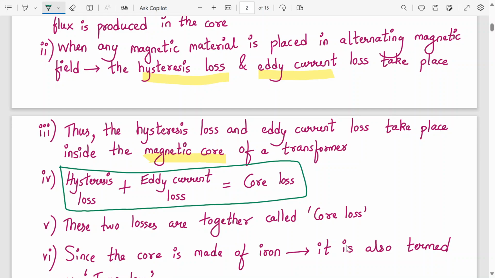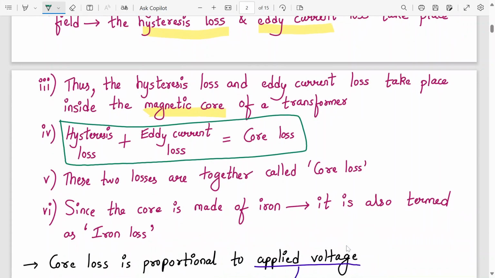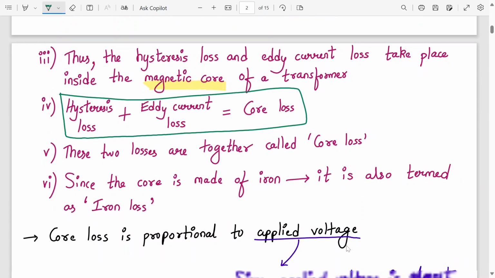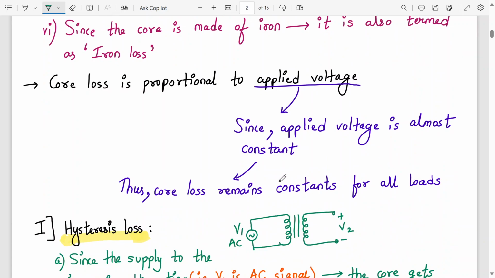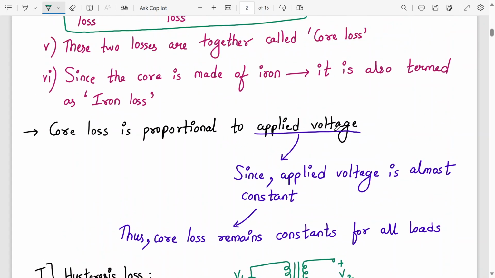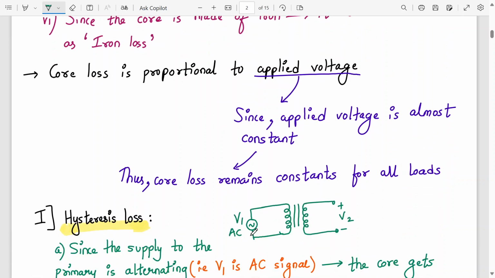Since the core is made up of laminated iron sheets, it is also termed the iron loss. Now, the core loss is proportional to the applied voltage. Since the applied voltage is almost constant, whatever voltage we apply, we are not changing much, the core loss remains constant for all loads.